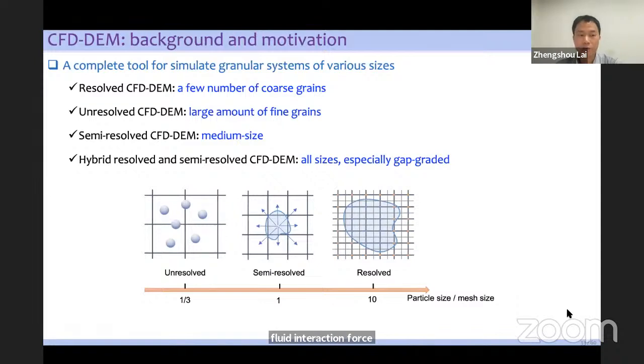And for the unresolved CFD-DEM, the particles will be regarded as points, and the particle-fluid interaction force will be evaluated based on some empirical drag force models. So here for the CFD-DEM, we just want to develop a complete tool that can simulate any problem with large particles or fine particles.